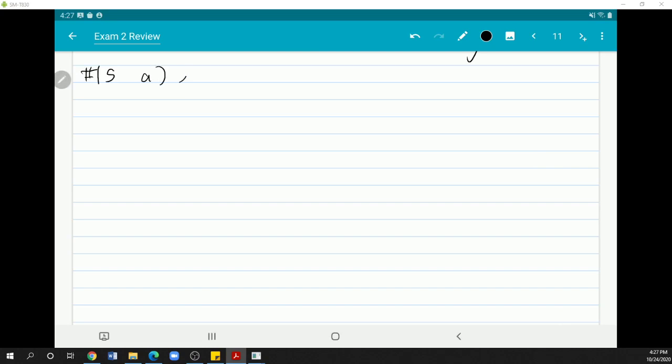Part A asks: the limit as x goes to infinity of x squared plus 3x plus 2 over 3x cubed plus 9. And what was my idea? I always want to factor out the biggest power of x in the denominator.